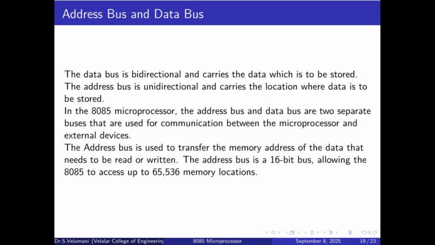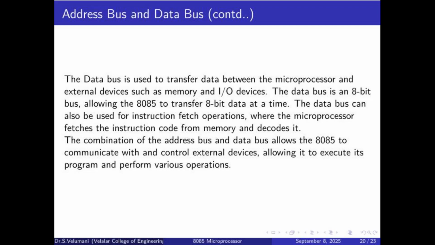allowing the 8085 microprocessor to access up to 65,536 memory locations. The data bus is used to transfer data between the microprocessor and external devices such as memory and input-output devices. The data bus is an 8-bit bus, allowing the 8085 to transfer 8-bit data at a time.